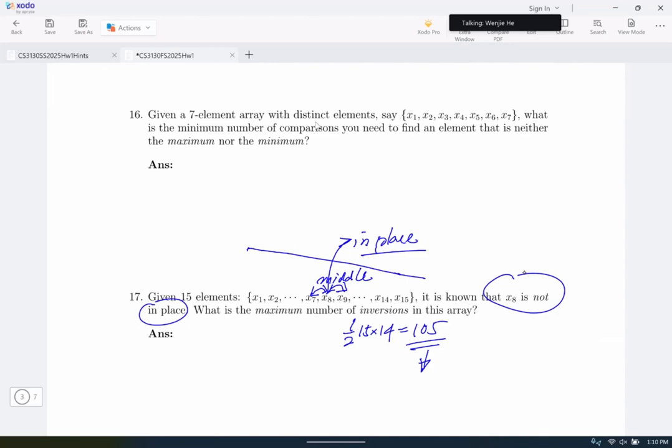So you get the answer 104. A small number of students missed this step.